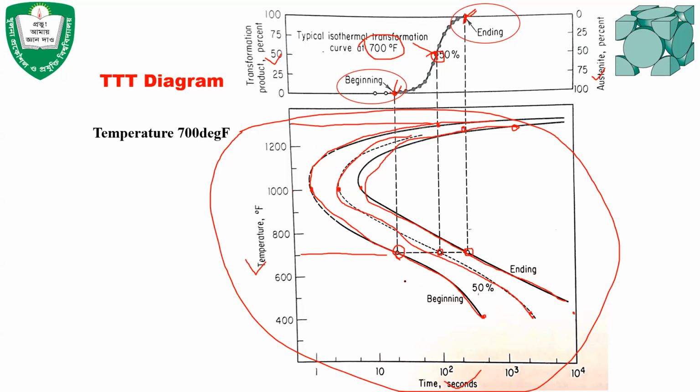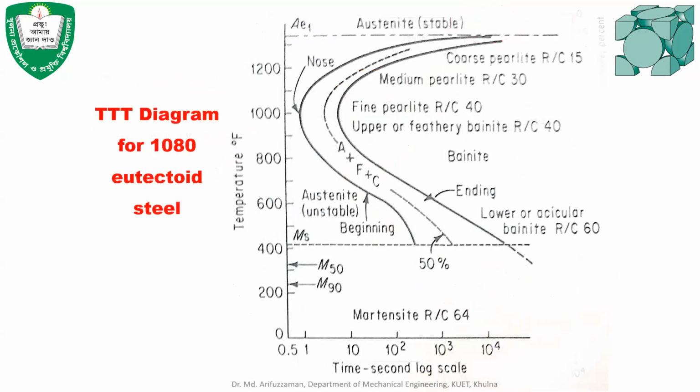Okay, and this diagram is very important in the case of heat treatment, or to understand what product you are going to obtain at what cooling rate. Okay, I'll discuss that. And what would be the mechanical property can also be predicted from this isothermal transformation diagram.